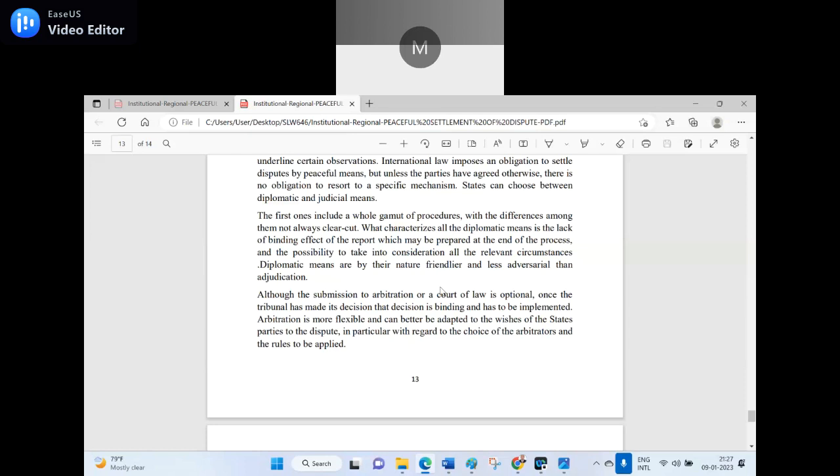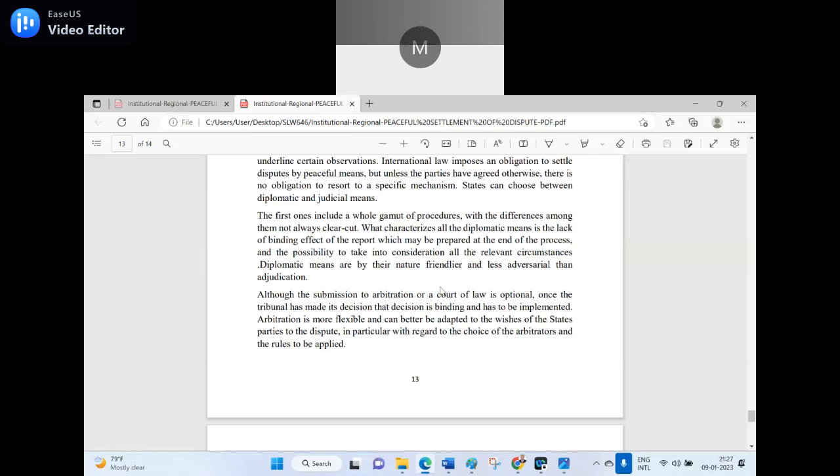What characterizes all the diplomatic means is the lack of binding effect of the report which may be prepared at the end of the process, and the possibility to take into consideration all the relevant circumstances. Diplomatic means are by their nature friendlier and less adversarial than adjudication.